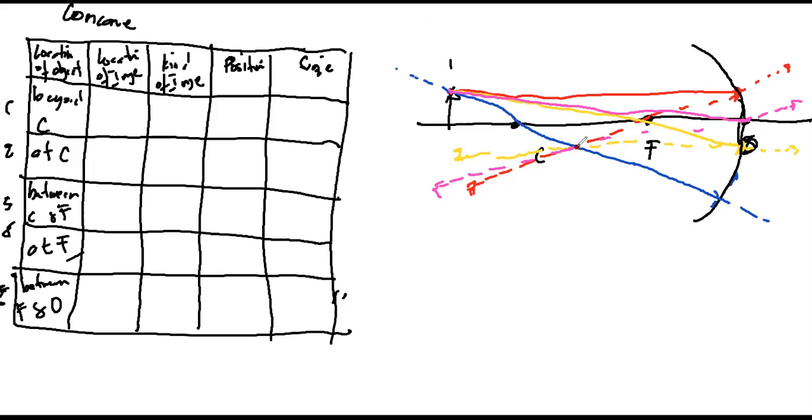So this one is the point, class. So you draw a broken line and an arrow. The arrow must be from the principal axis to the point where all the reflected rays meet. Again, all the reflected rays meet. So we can now describe the image.